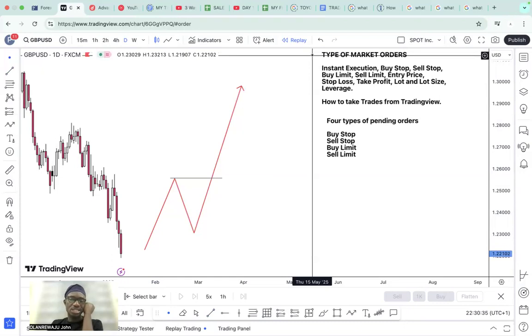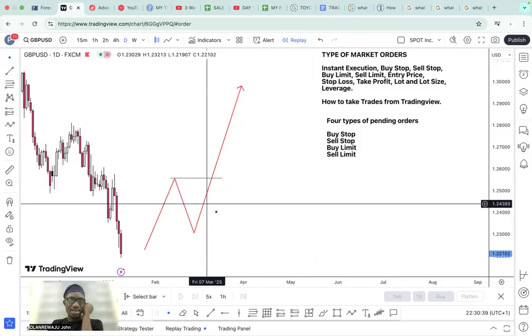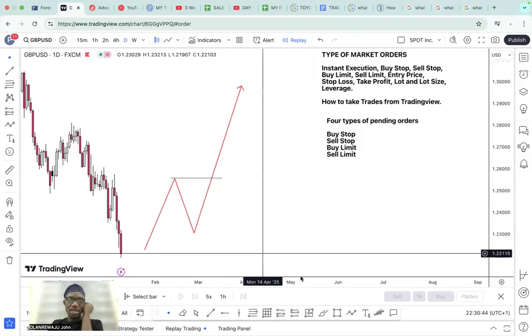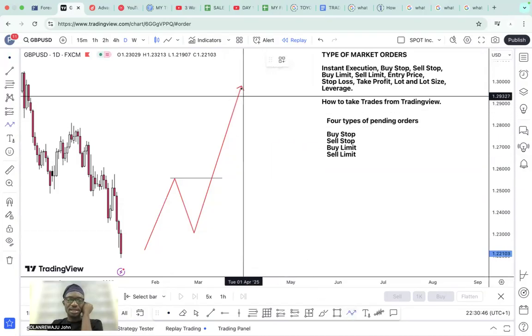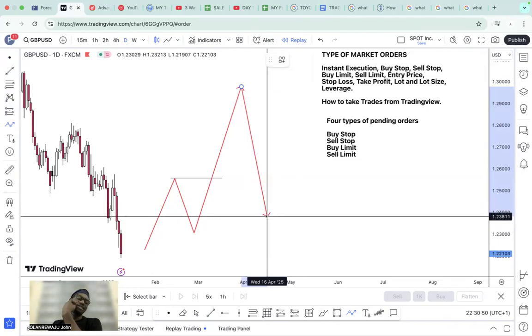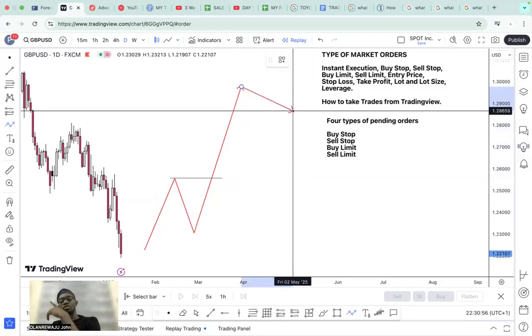So I set a buy limit order at a price that is lower than the current market price, meaning that from what I've learned, I know that the market should come back. Of course, how do you know exactly where it will come back to before it starts going back up? That's one of the things we also learn.